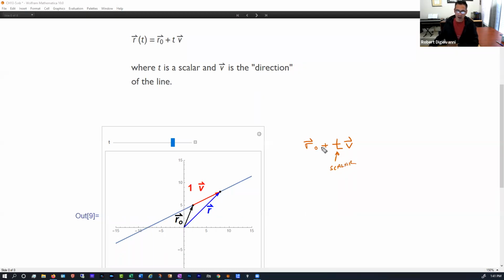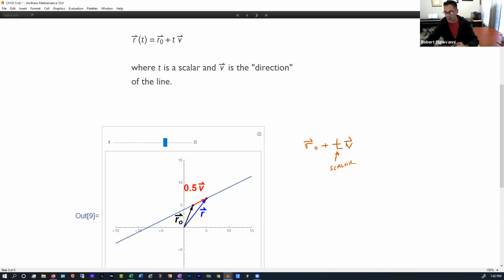So if I take R naught and I add a multiple of V, then basically I can create any point on that line by just adding some multiple of V to R naught, right? And I'll just create all of these things. And so this is kind of the general form of a line using vectors, this right here.